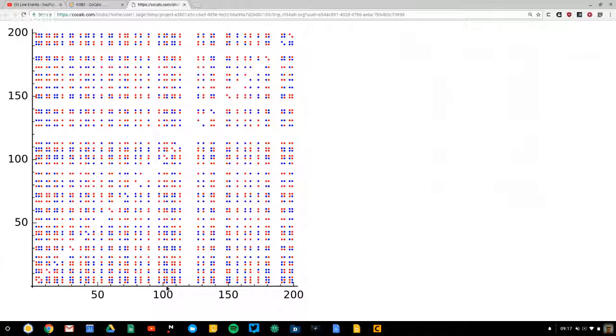So that red dot is saying that 3 is not a quadratic residue modulo 101. The blue dot above it says that 5 is a quadratic residue, 7 isn't, 11 isn't, 13 is, 17 is, 19 is, and so on.